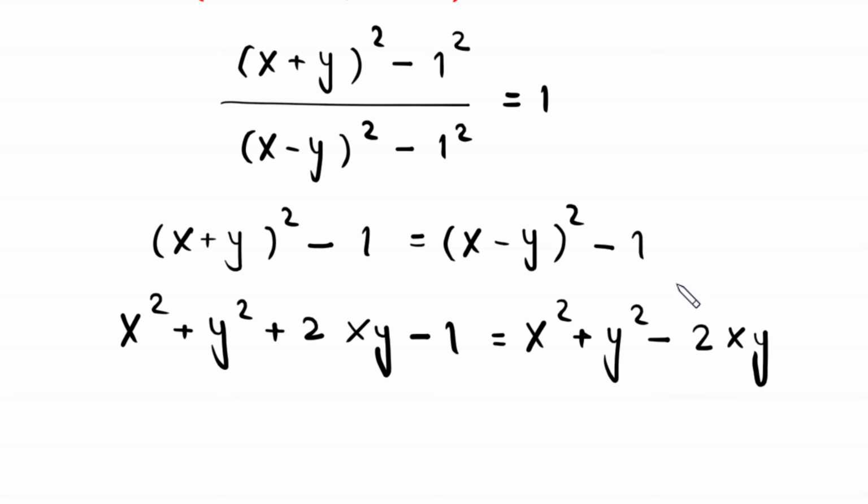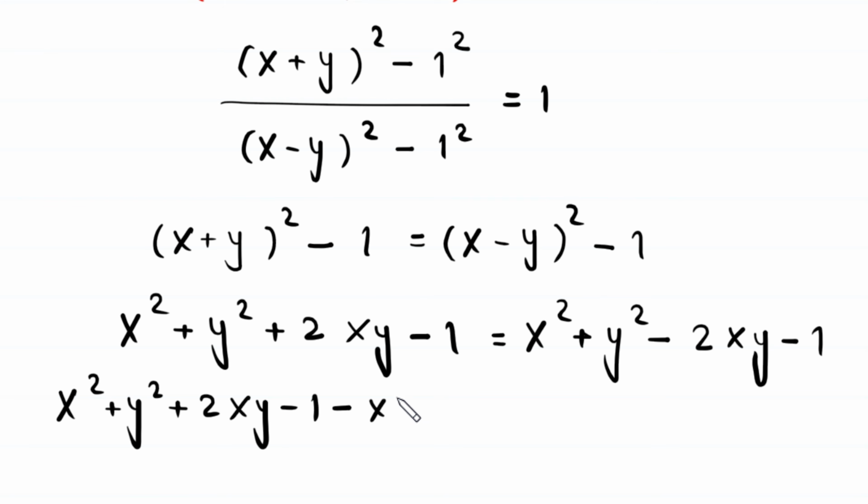This negative 1 remains the same. Now we move all these terms to the left hand side, then this will become x squared plus y squared plus 2xy minus 1 minus x squared minus y squared plus 2xy plus 1 equal to 0.